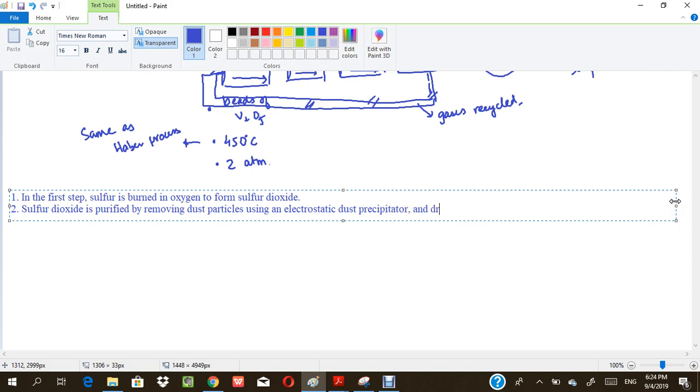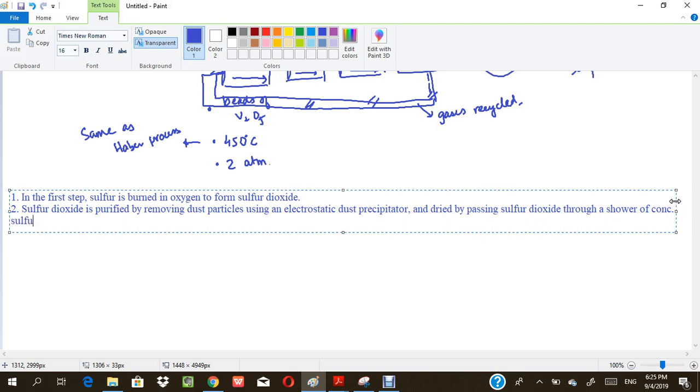and dried by passing sulfur dioxide through a shower of concentrated sulfuric acid. And why is this so?